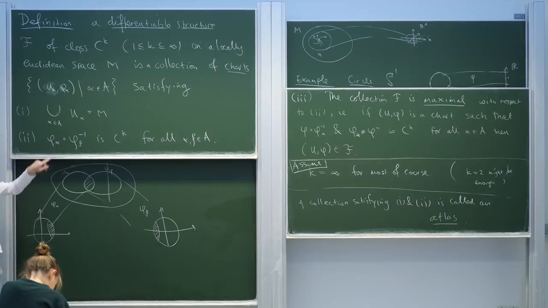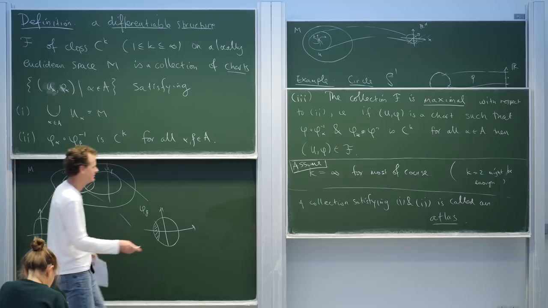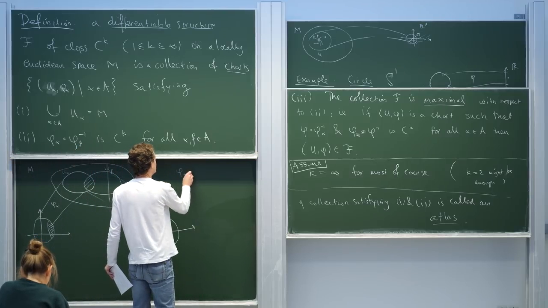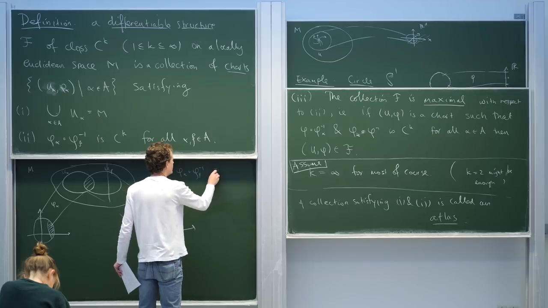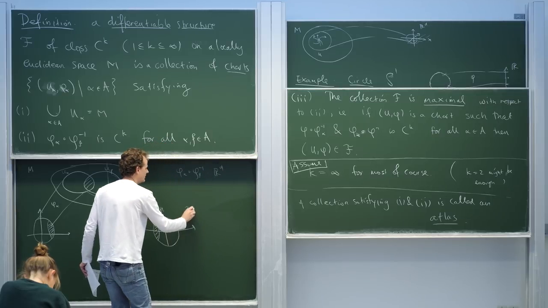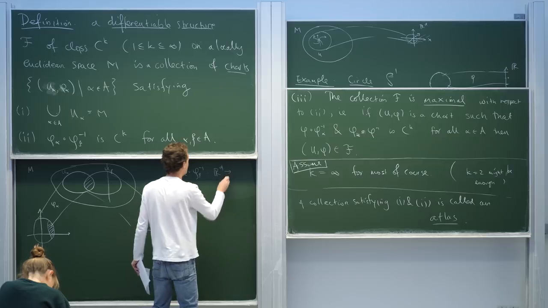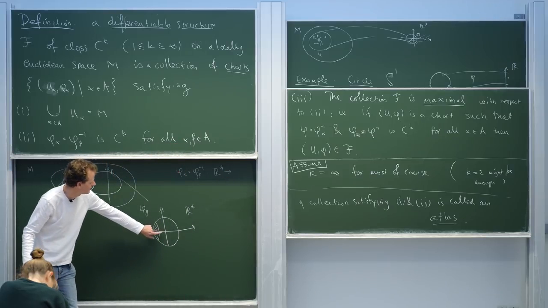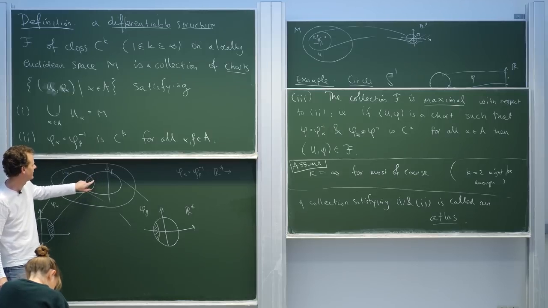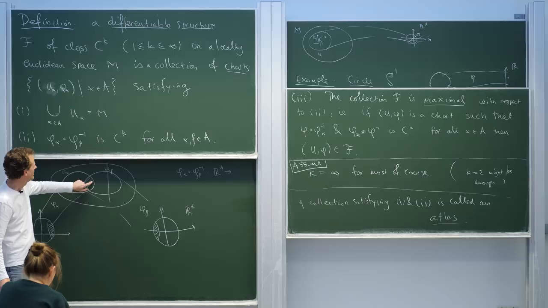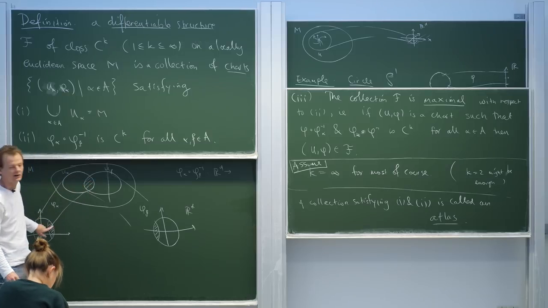What's this thing doing? Well, that's a map. Well, what is it a map from and to, right? This is very easy to get confused in differential geometry, so we do this slowly and carefully every time. That's a map from R to the D, this in particular, this R to the D. Well, phi beta inverse goes from R to the D to M. And then, where it's defined, it goes back to R to the D again.